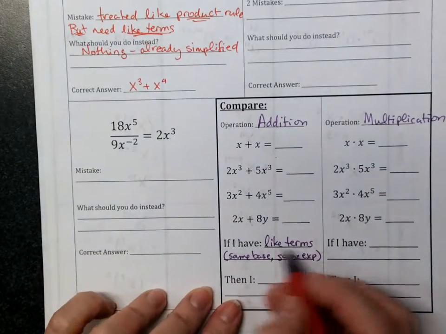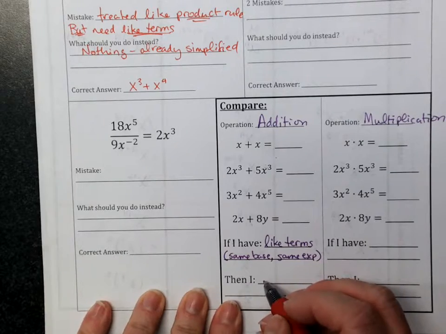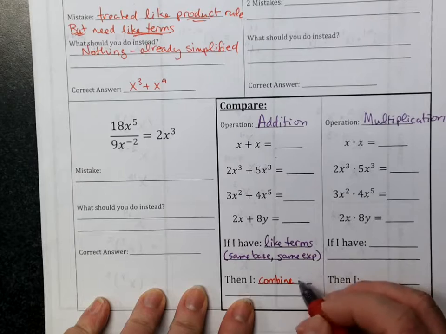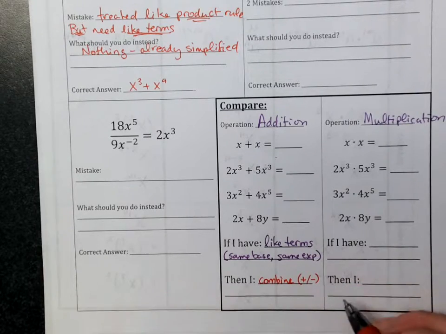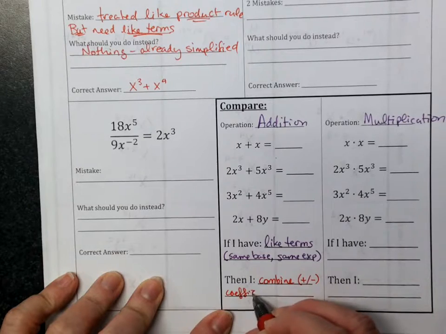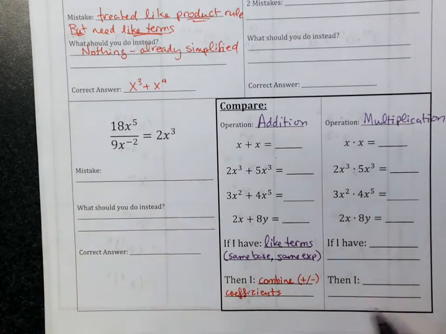So if you've got like terms, then you add or subtract. So we'll just say combine. Combine might be add or subtract, depending on what you're told. Combine the coefficients. What do you do to the variable? Yeah, you just write down what it is. 5x and 2x is 7x. 5 apples and 2 apples is 7 apples.